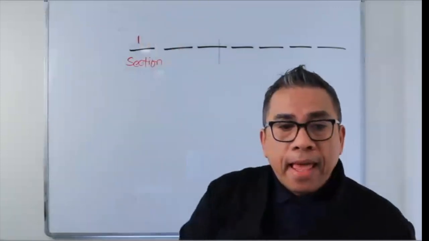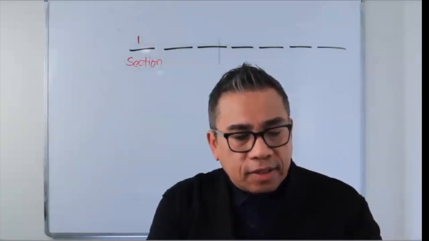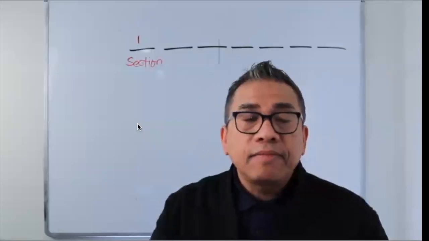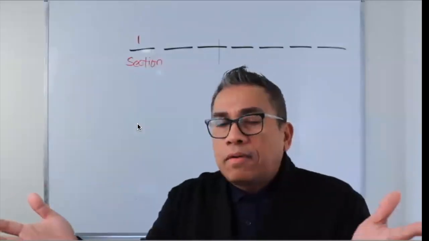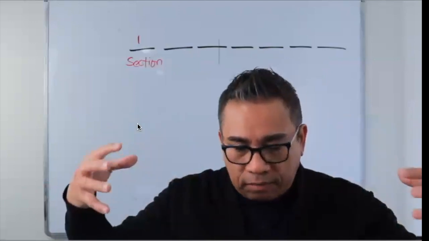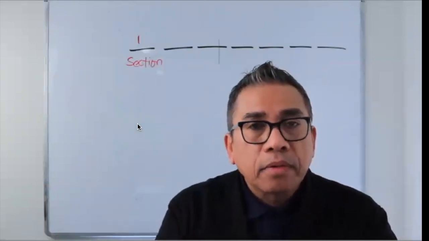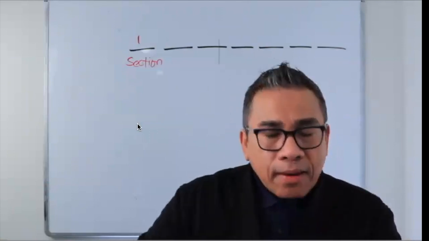Okay. Number two axis, look here, guys. The number two axis here is the body system. What do I mean by body system? Body system, of course, talks about the system where the procedure was performed. Say, hip replacement again.